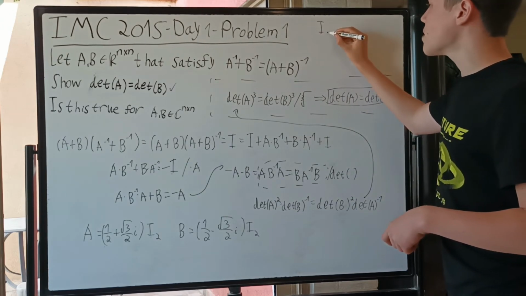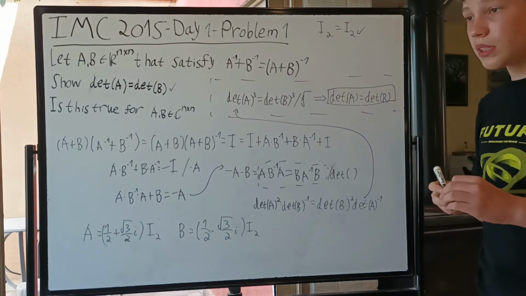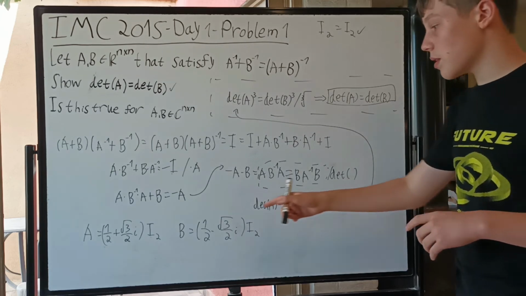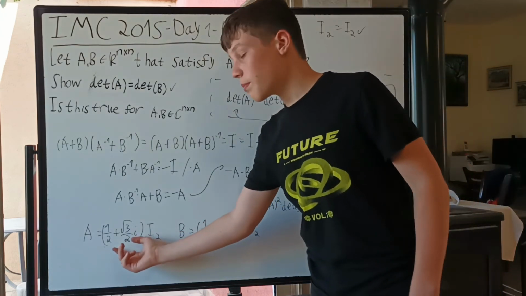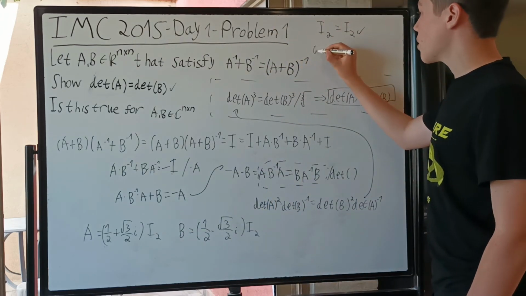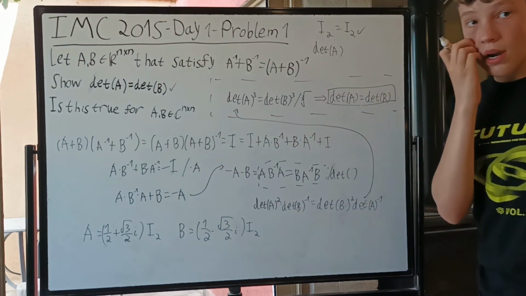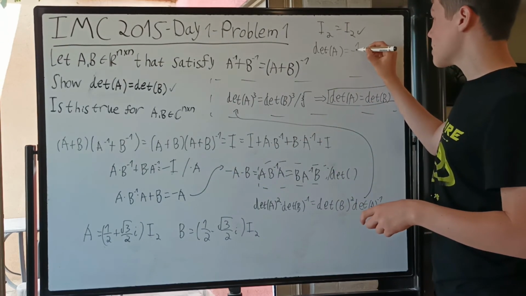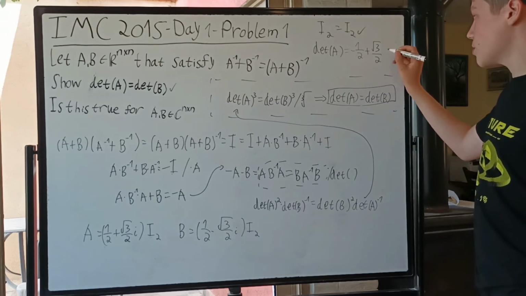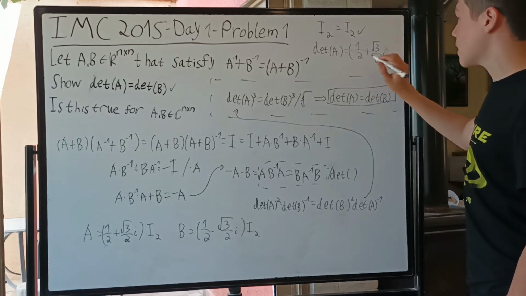So we'll get I2 equals I2, which is indeed true, but yet the determinants of these are just this number squared, because they're of size 2 by 2. So the determinant of A would be this number squared. The complex number you get is -1/2 plus root 3 over 2 i.